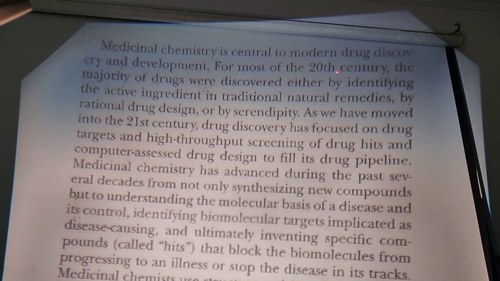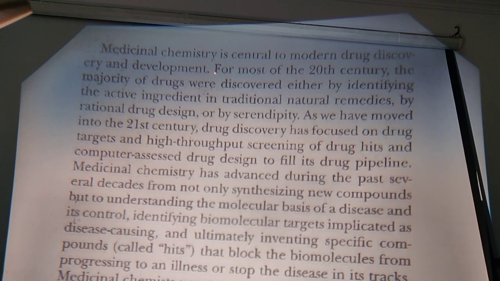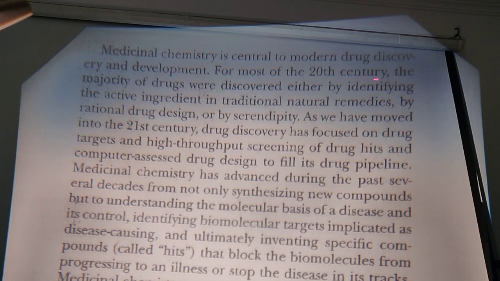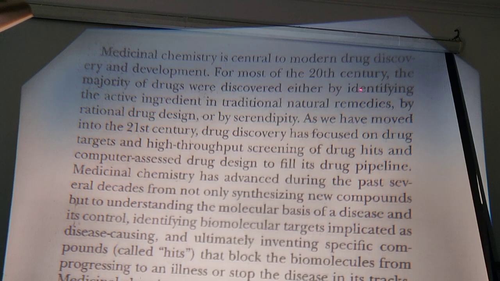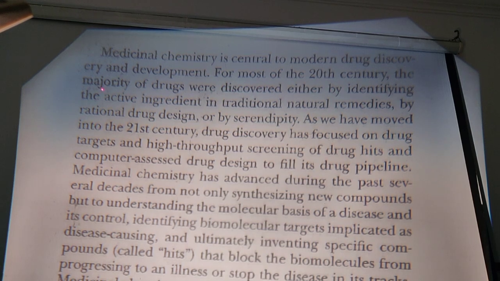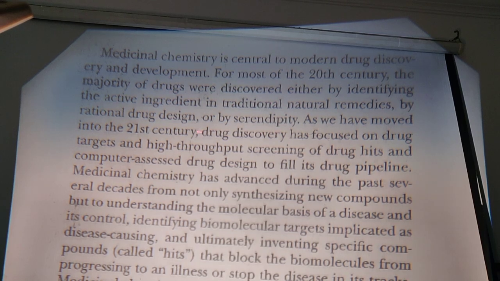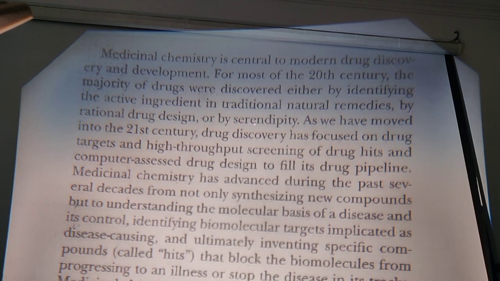For most of the 20th century, the majority of drugs were discovered either by identifying the active ingredients in traditional natural remedies, by rational drug design, or by serendipity. What do you mean by serendipity?